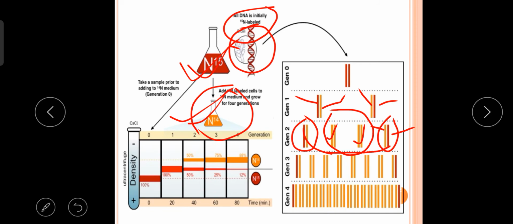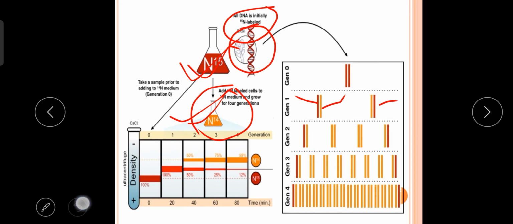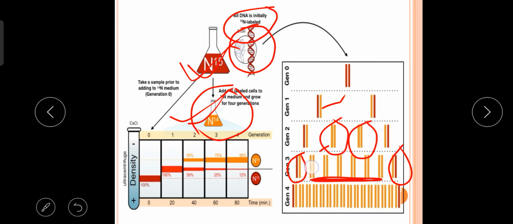Okay, so now in the third generation you can see clearly here in this picture that after the third generation they observed only two DNA molecules are hybrid and all the other DNA molecules are lighter DNA. That means you can see clearly here the number of light DNA molecules increases gradually.